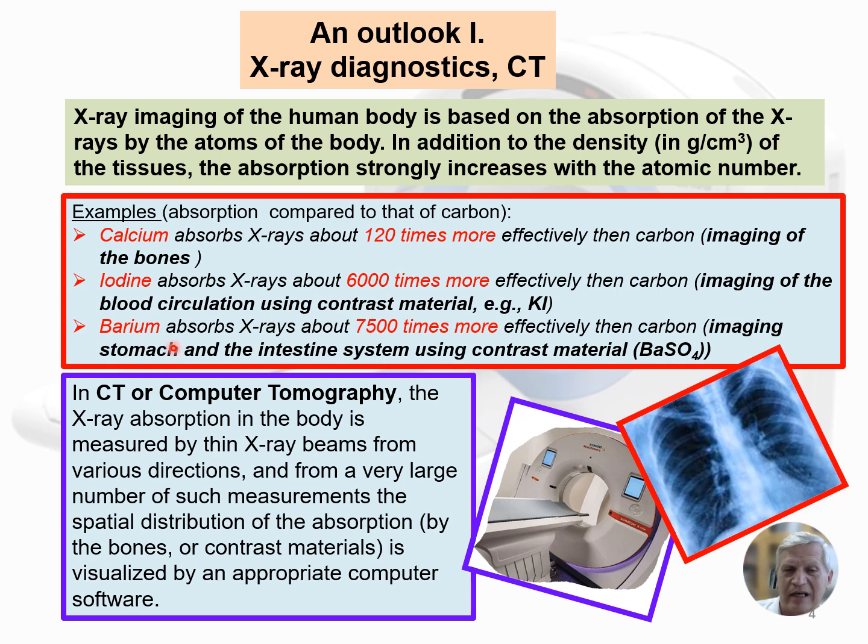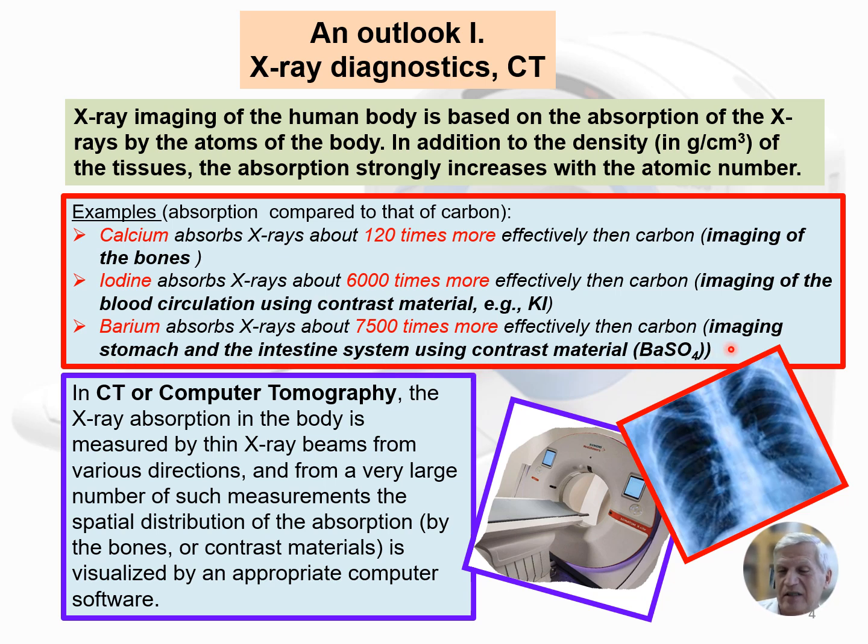Barium is also a very heavy element, just like iodine, even heavier than iodine, and for that the difference in absorption is 7,500 fold. So it is absolutely good for a contrast material, especially if you want to investigate your stomach or the intestine system. Then you get barium sulfate.